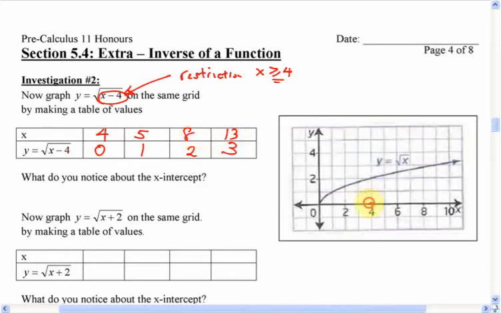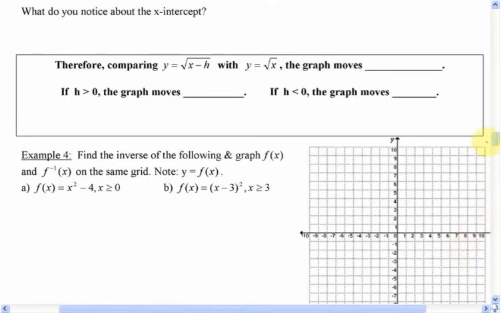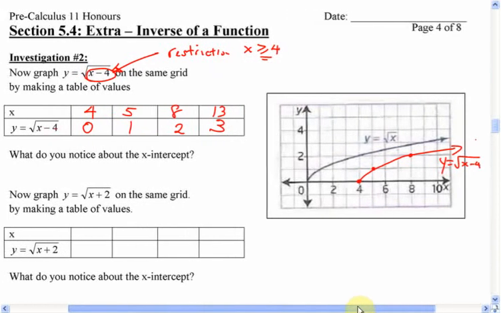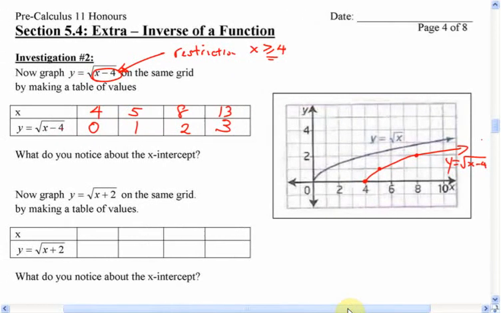And the question is, what happened to the x-intercept? I guess you can't graph 13 and 3, but whatever, it's there. So I'd like you to now try this, please. What do you notice about the x-intercept?